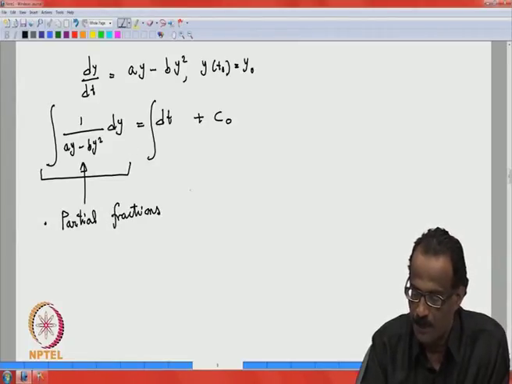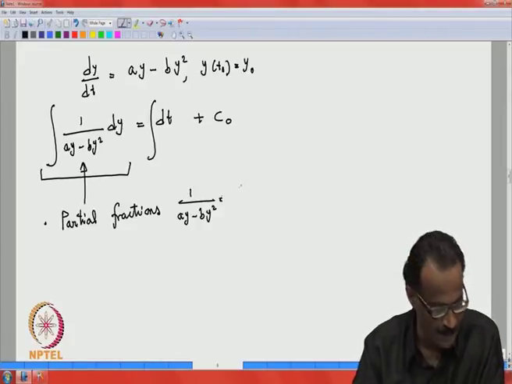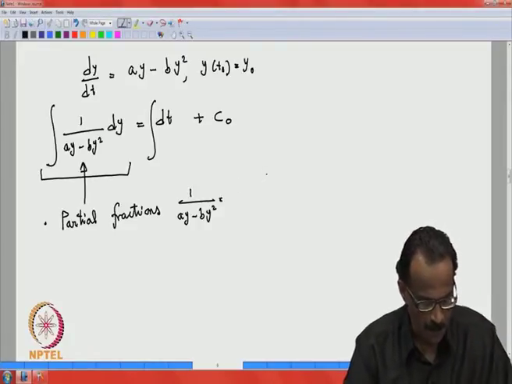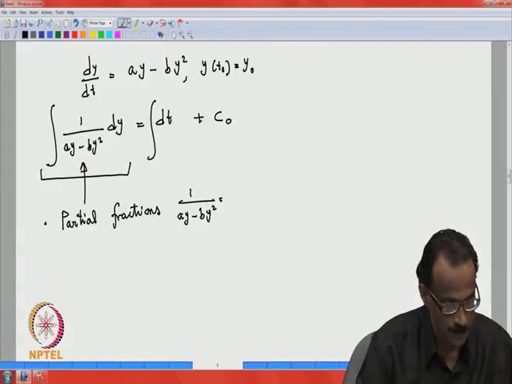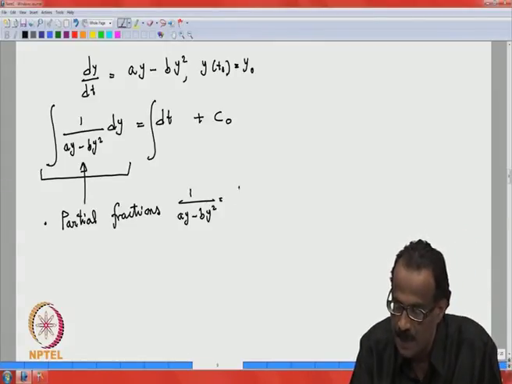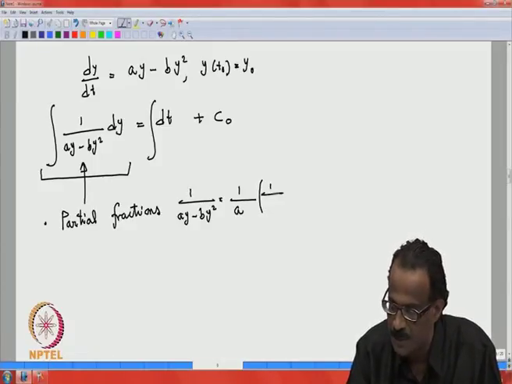You can write this down, so you do go and do this, you have to do it. By square you can write it as, probably, you can write it as 1 over y into a minus b of y. I do not do the computation, but you should do the computation when you study this course.